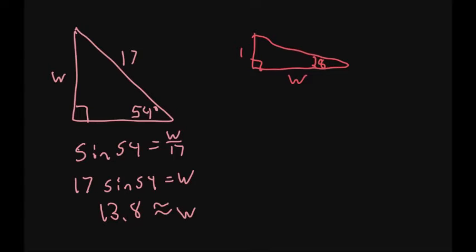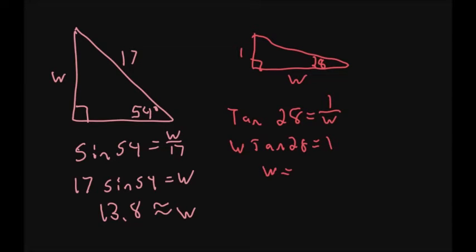The next one in red there, I've got my angle of 28 degrees. And then I have opposite and adjacent. So that means I need to do tangent. So the tangent of 28 equals the opposite, which is 1, over W. If I multiply by W, I get W tangent of 28 equals 1. And then I divide by the tangent of 28.